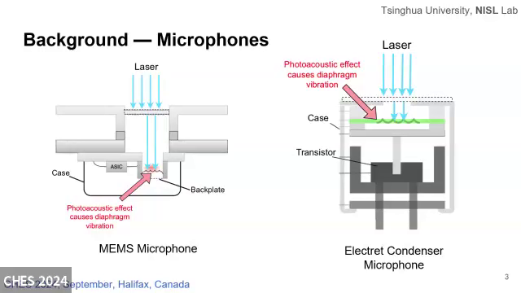As you can see, they have similar structures that rely on a capacitor formed between a stationary backplane and a movable diaphragm. Pressure variations cause the diaphragm to move, altering the capacitor's charge and converting the sound waves into an electrical signal, which makes them vulnerable to laser-based audio injection attacks.